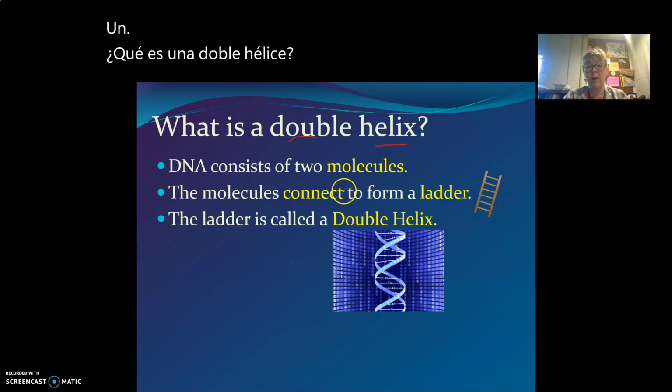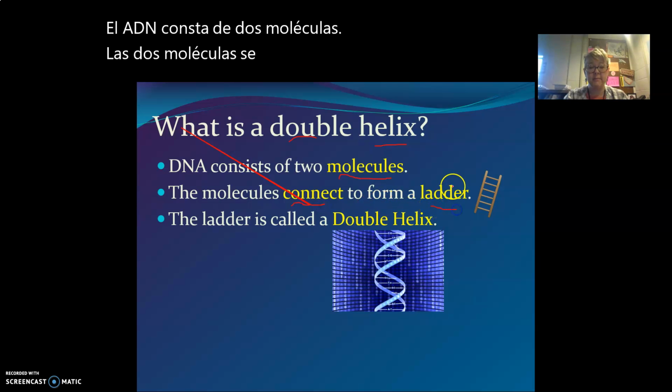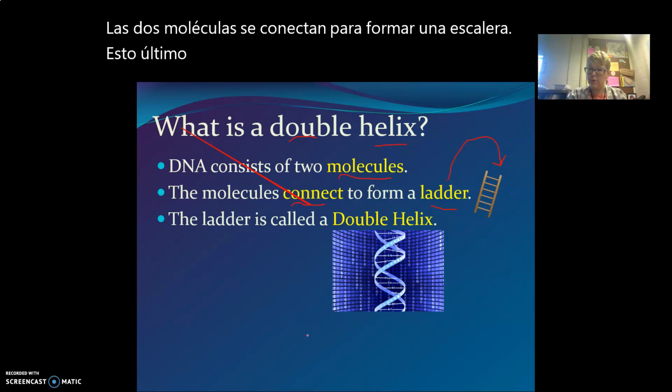DNA consists of two molecules. The two molecules connect to form a ladder. The ladder is then spiraled and creates this beautiful double helix.